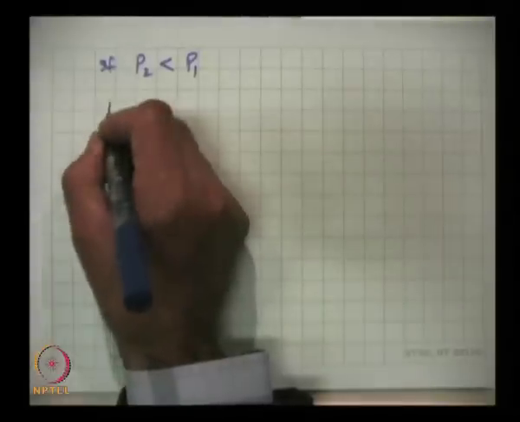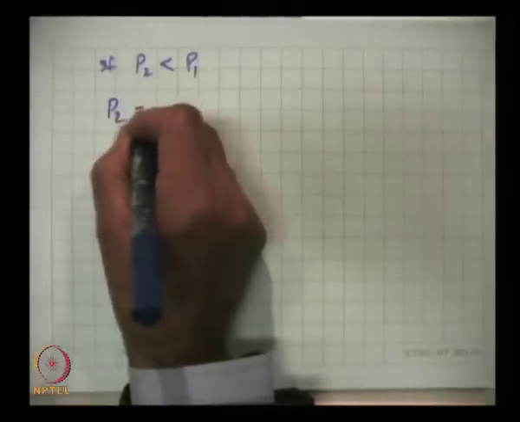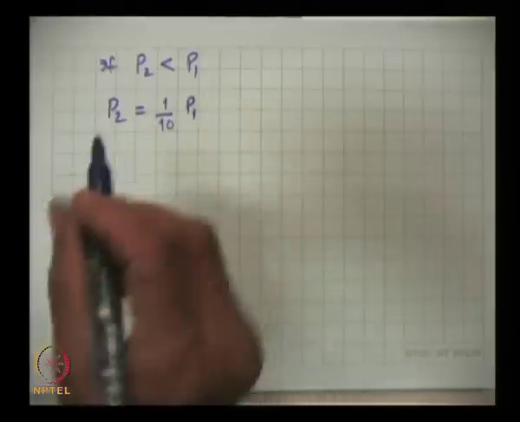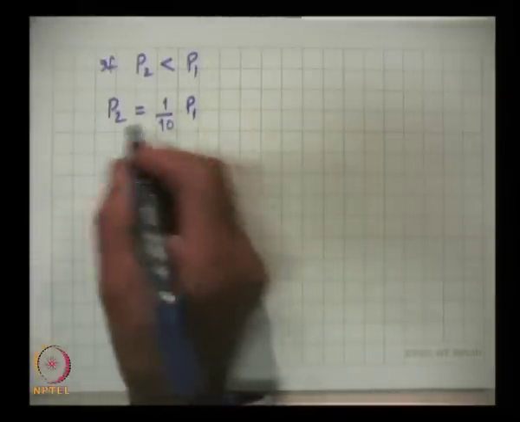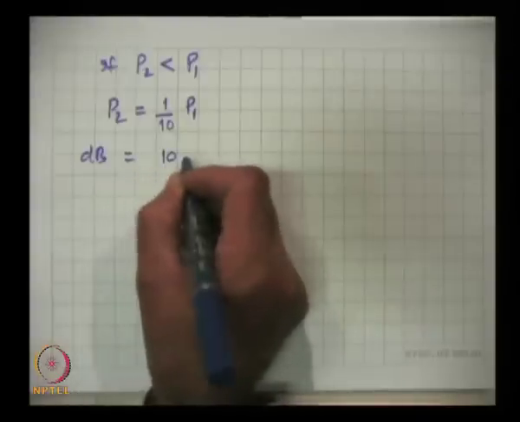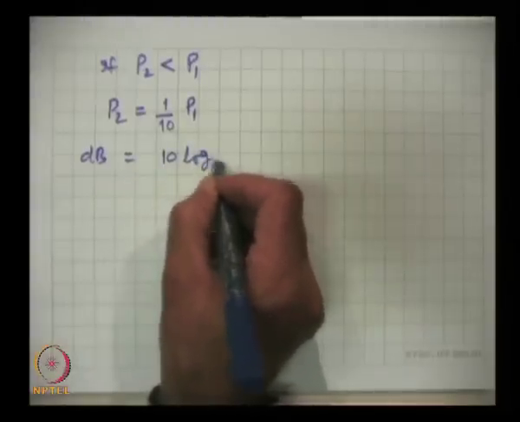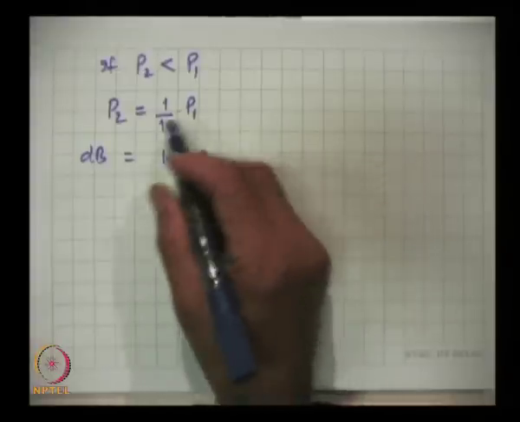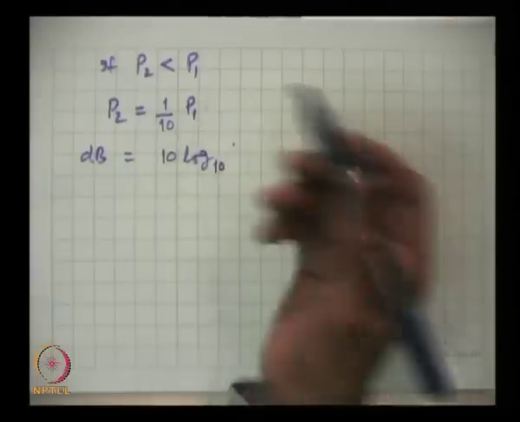So, as an example, let P2 be equal to 1 by 10 of P1, then in dBs this will be 10 log base 10, and this will be simply, P1 will cancel out.